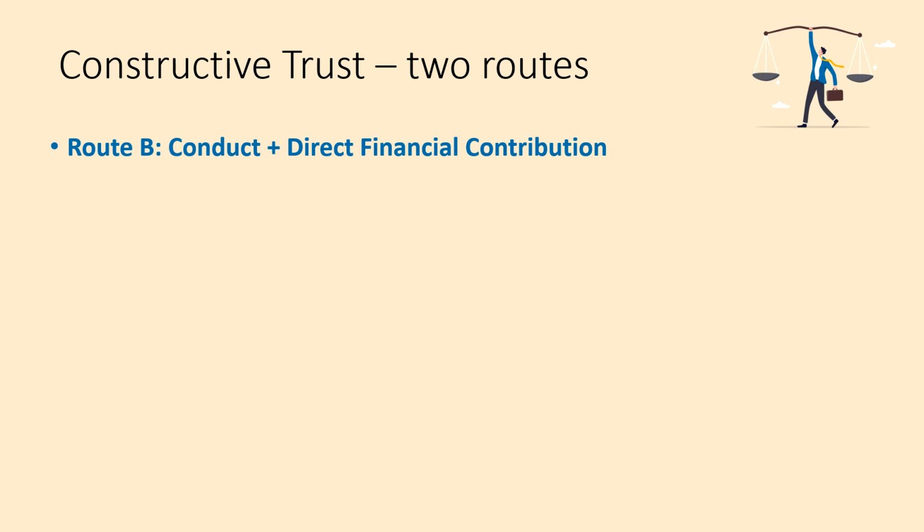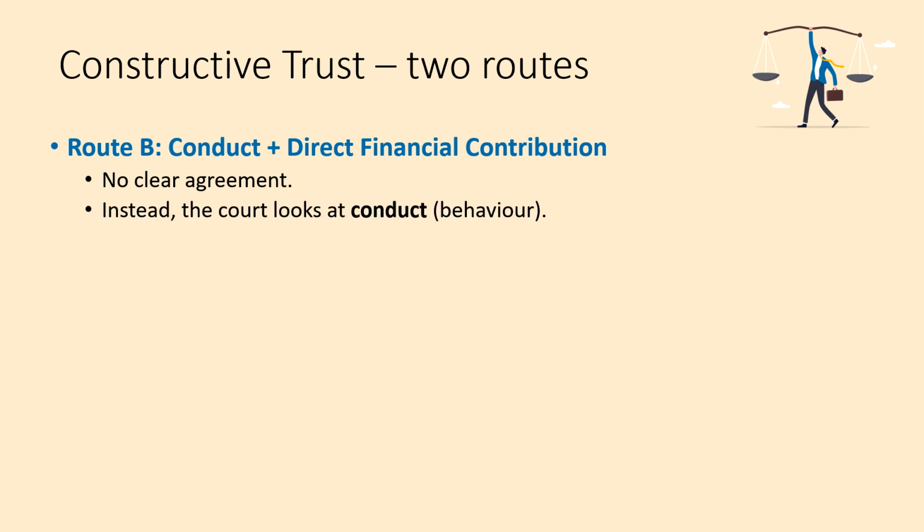And in that case, we actually do have some kind of financial value included, but it's still really focusing on conduct. So we don't need any kind of clear agreement for the second route. Instead, the court will just look at the way both parties have been behaving all the time since they purchased the property or moved in and so on.